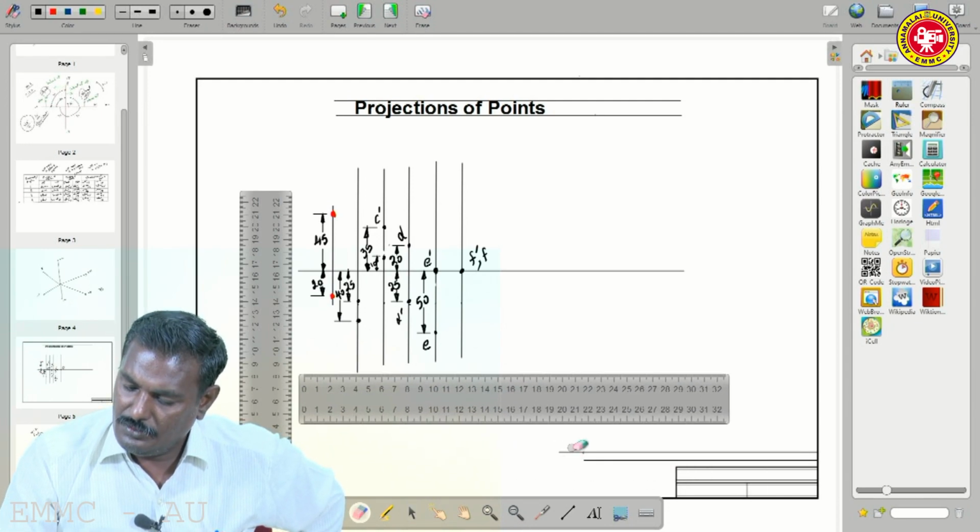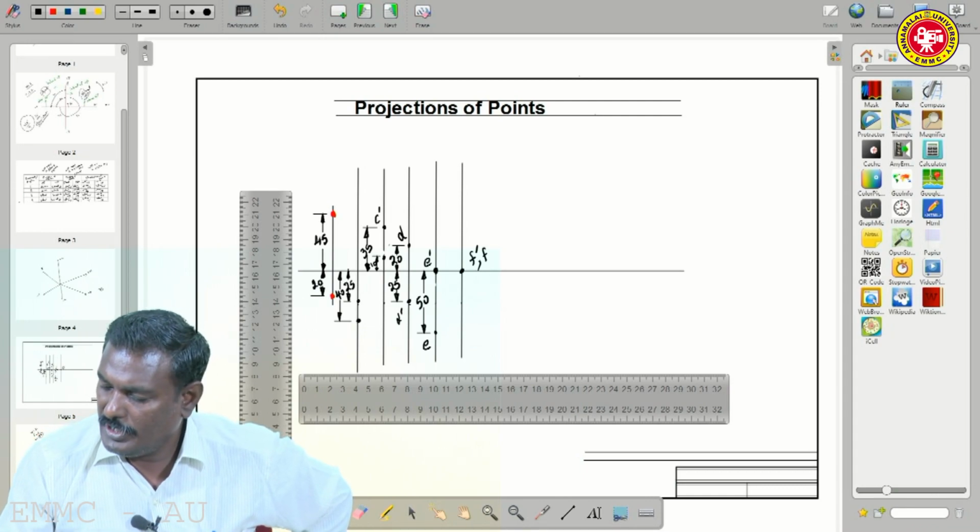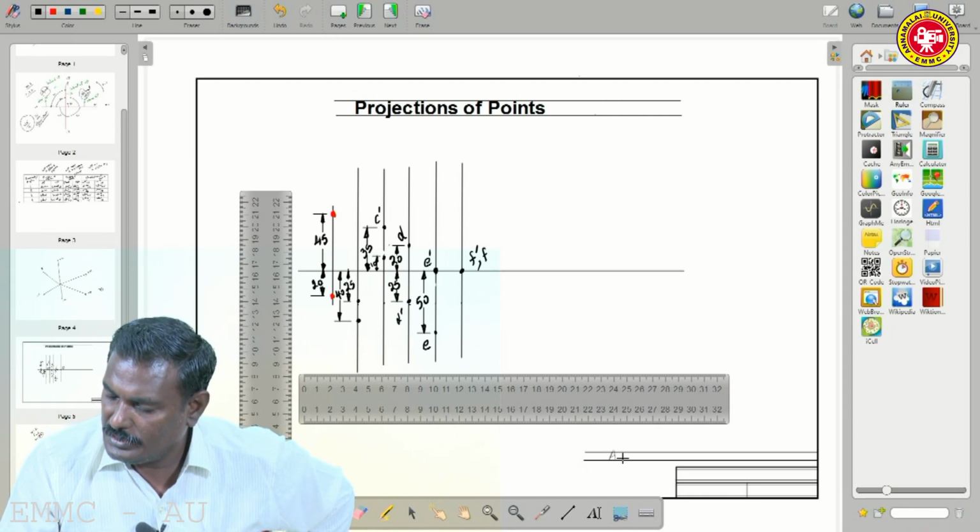Here we have to rub this portion. So here we have to write all the dimensions.